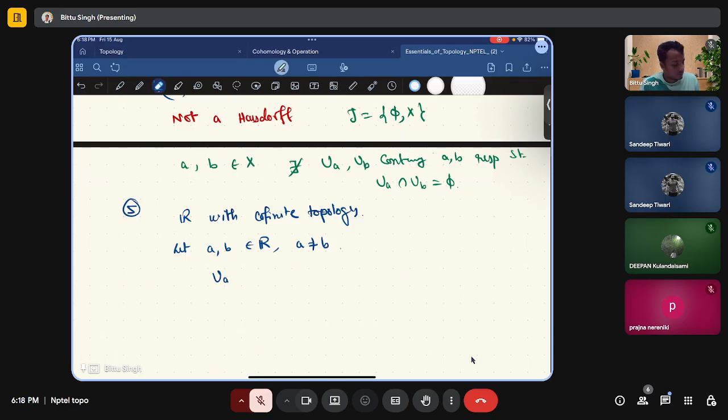Then there exist U_A, U_B containing A, B such that U_A intersection U_B is empty. If possible, we are assuming this is Hausdorff.